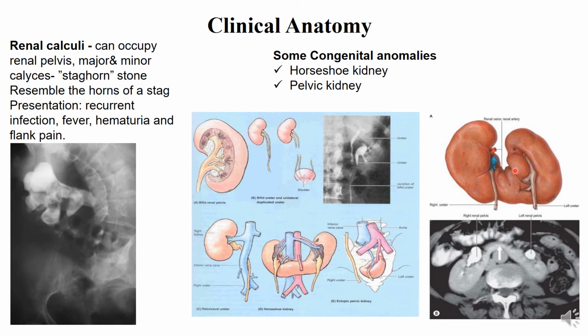And what happened during development is that the kidneys are in the pelvis and then they will ascend up till they reach the position that we know now. So what happened during the ascending of these fused kidneys is that the root of the inferior mesenteric artery will prevent the normal relocation of the kidneys.